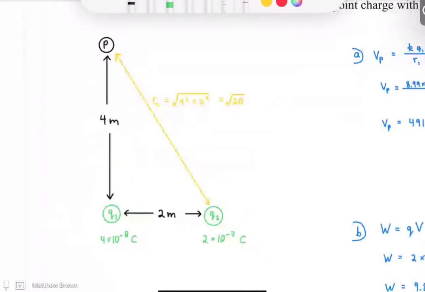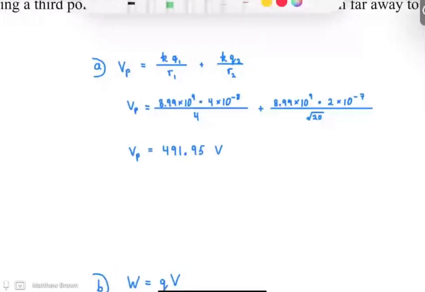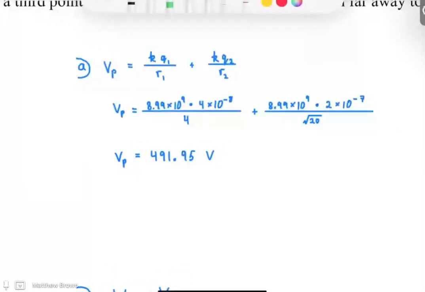The way I could write that as an equation is over here. V, the voltage or potential difference at the point P, is equal to the potential difference from Q1, distance R1 away, plus the potential difference from Q2, distance R2 away. Then I just plug in the numbers.